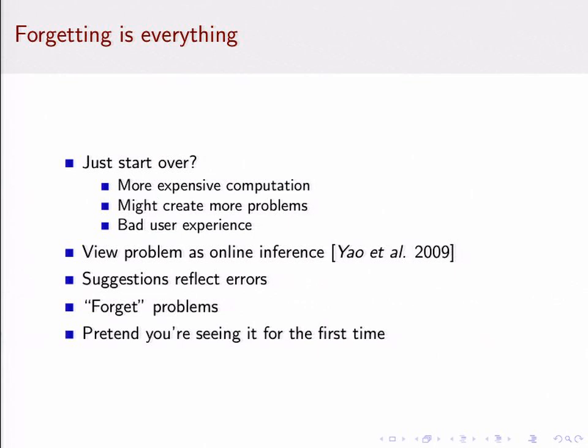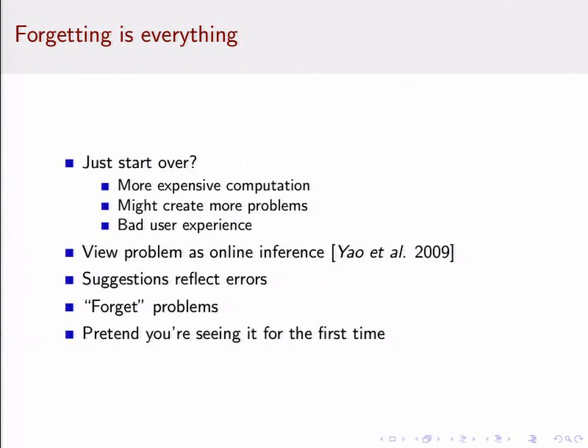And so what we're going to do is view the problem as one of online inference. The suggestions that you receive from the user reflect errors in the model. And what we're going to do is forget all the places where the user saw problems. And then we're going to pretend that we're seeing it for the first time. And so this allows the changes in the model to be reflected during the inference process.